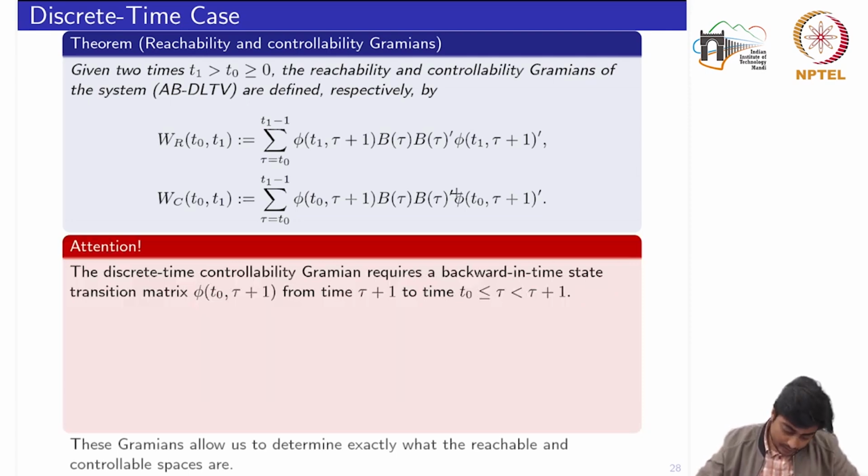Here you need to pay a bit of attention that the discrete time controllability Gramian requires a backward in time state transition matrix. For example, starting with τ equal to t0, it would give me Φ(t0, t0+1), and the two arguments within the state transition matrix say that whenever the input is applied at this time, I am collecting the response at this point.